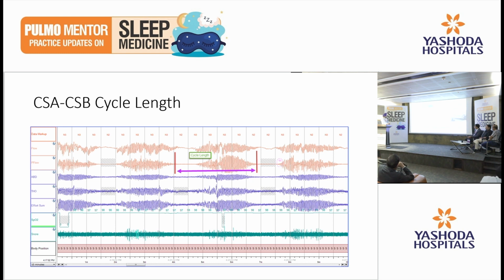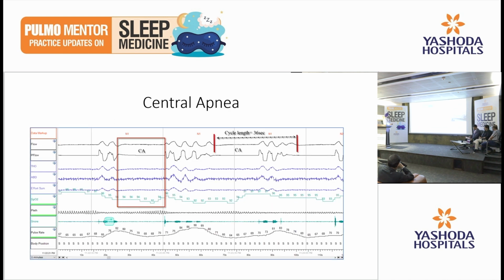Now this page is 10 minutes in duration, so this is 30-second duration, this is 30-second duration. If you measure this cycle length, it is coming to around 180 seconds. So cycle length is much higher due to heart failure, and this differentiates from primary central apnea, where cycle length is always less than 40 seconds.